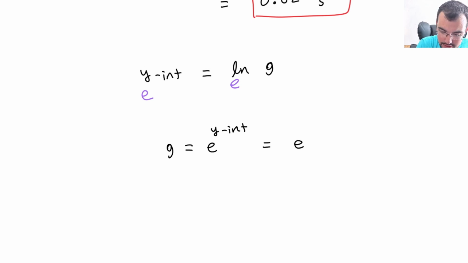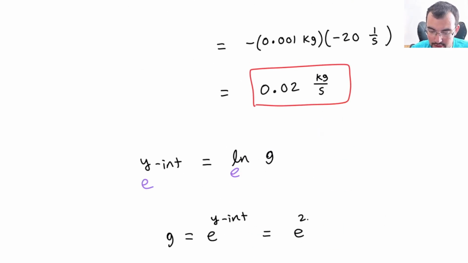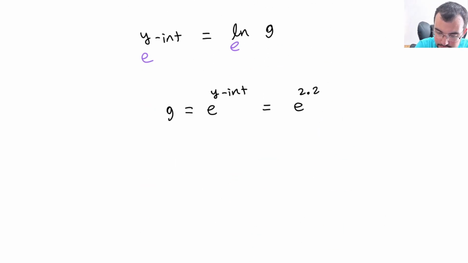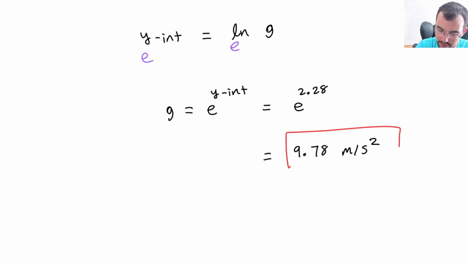So e to the 2.28. And we know this will have the same units as the acceleration. So e to the 2.28, I'm getting 9.78. And look at that, that's definitely very close to 9.8.